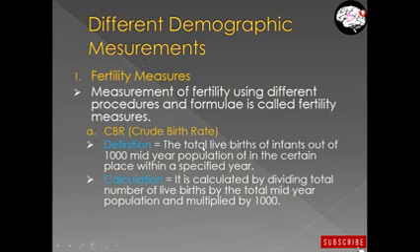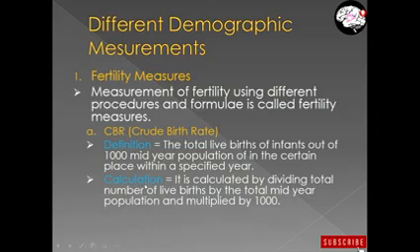If there is some miscarriage or something, that is not taken in birth, so we will only take live births here. Among 1000 mid-year population, how many total live births are there in a certain place and specific year? That number is called crude birth rate.